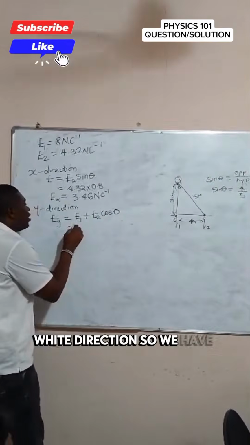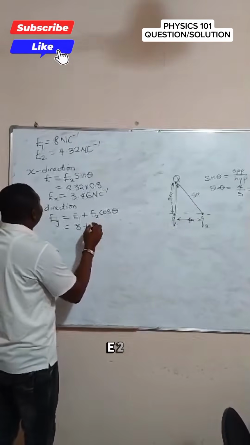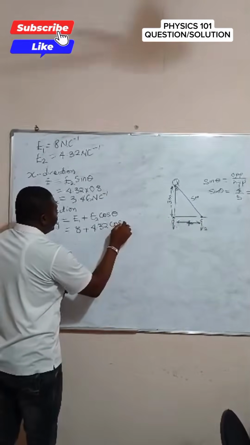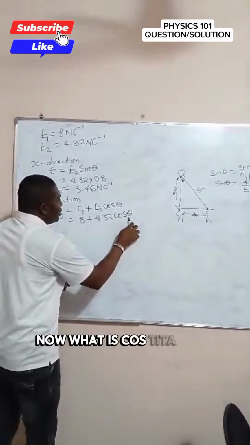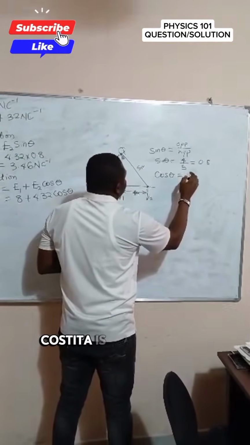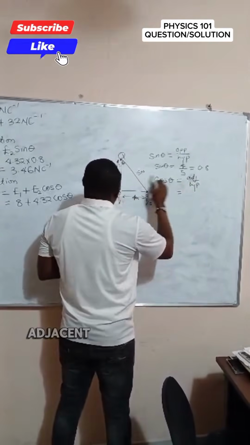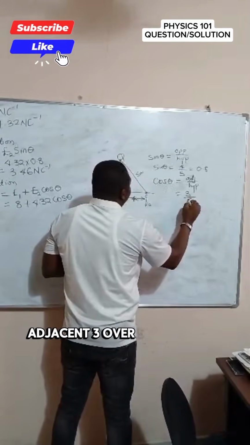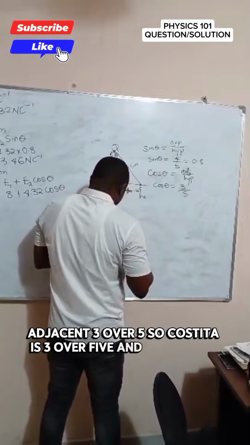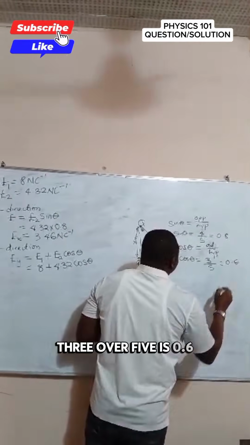So what is E1? 8 plus E2, 4.32 cos theta. Now, what is cos theta? Let's look at the diagram again. Cos theta is adjacent over hypotenuse. Adjacent 3 over 5. So cos theta is 3 over 5, which is 0.6.